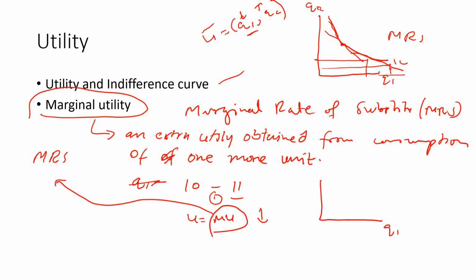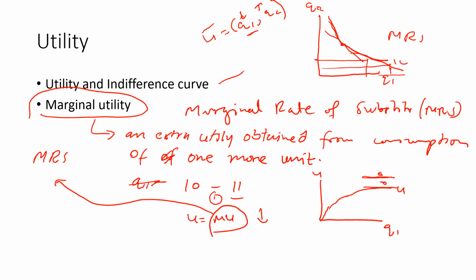Let's say we have Q1 and this is utility, and we are consuming 0 units. When we are consuming 0 units, we have 0 utility. The first unit gives us more utility. The second unit gives us more utility but less than the first unit, and so on until the utility curve's slope gets 0. So here we have a 0 slope, and initially we have a higher slope, and if you consume more, the slope might get negative.